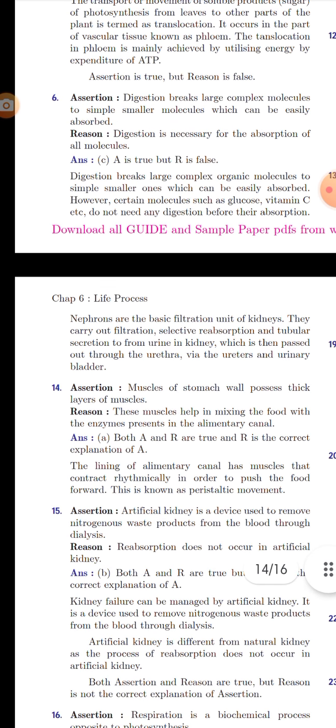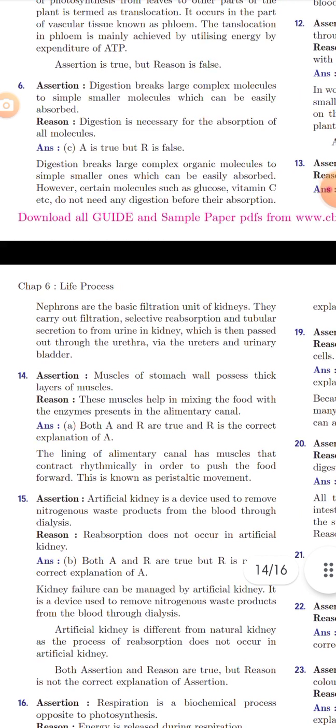Next, we move on to digestion: digestion breaks large complex molecules into simpler, smaller substances which can be easily absorbed. What is the answer here? Digestion breaks the large complex molecules. That's true. Digestion is necessary for the absorption of molecules. See, if I teach you the total chapter in just half an hour, can you understand it?